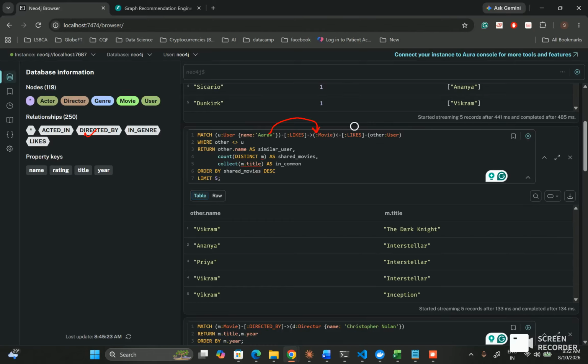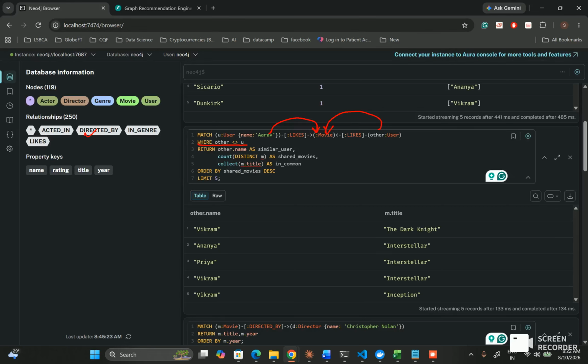Then from that same movie, find anyone else who also likes it. That's our other person. That's the same two-hop shape you saw in feature 1. The next line is a small safety check. It just makes sure we don't count Arav as someone similar to himself.